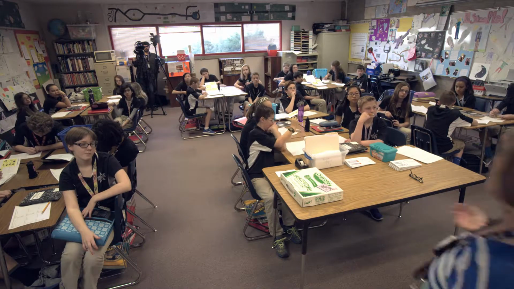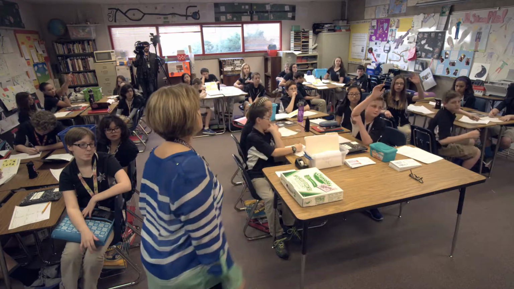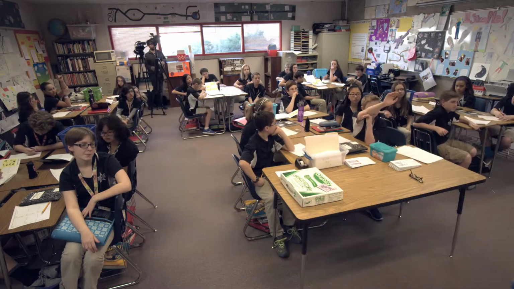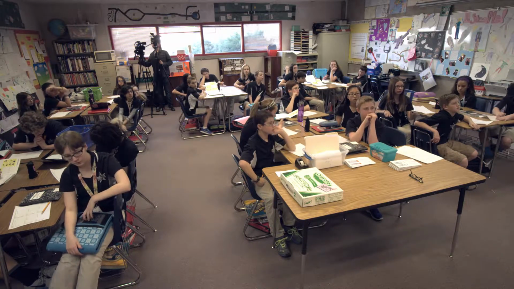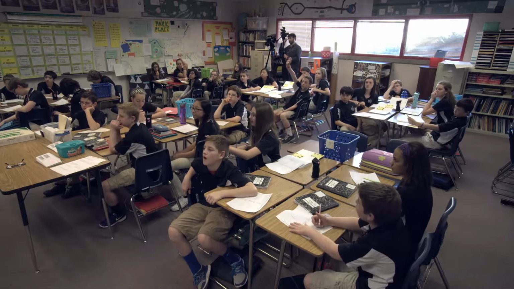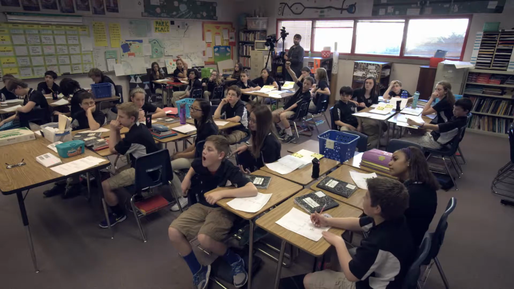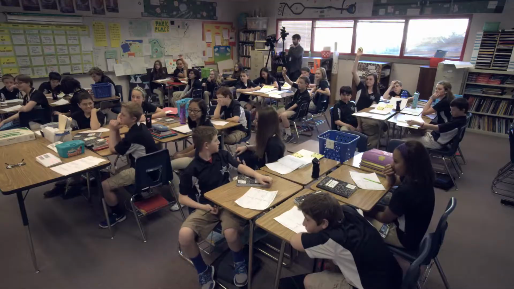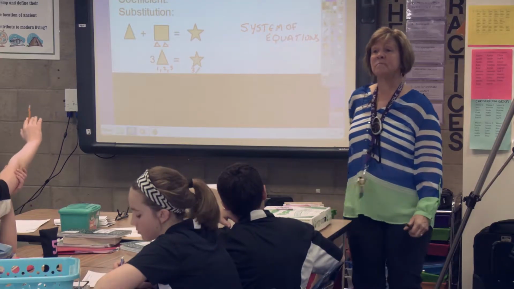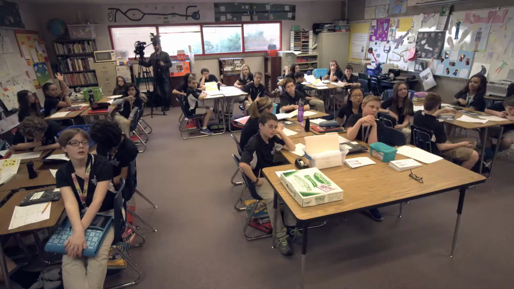Do we know any other value for the star? Sid? Well, it has to be more than 3. And why is that? Because if like Max said, if the triangles are 1, then that'd be 3. You can't have less than 3. Okay, all right. So what other values could it be? Aiden? Well, the star could be 3, 6, or 9.